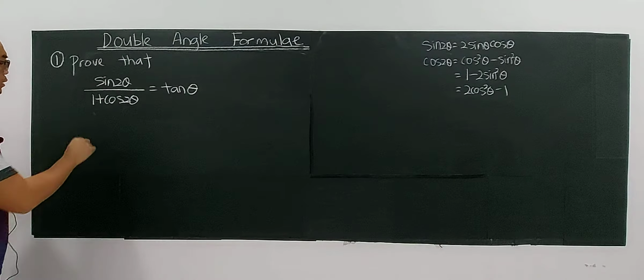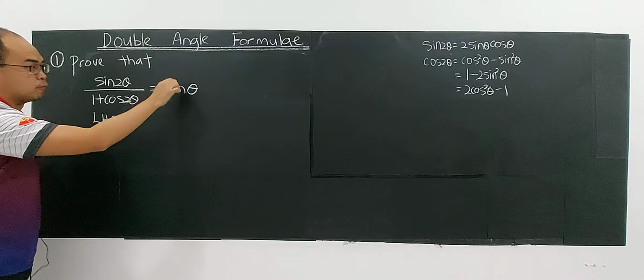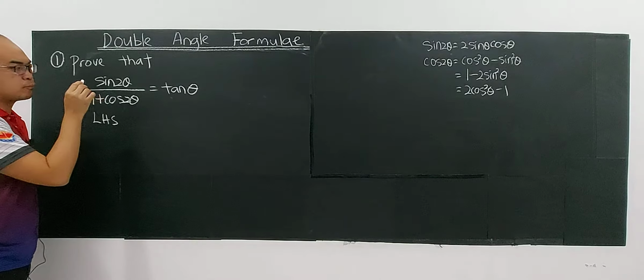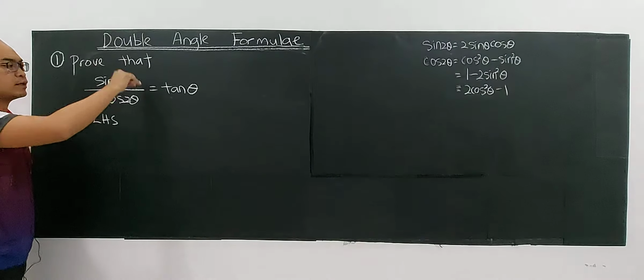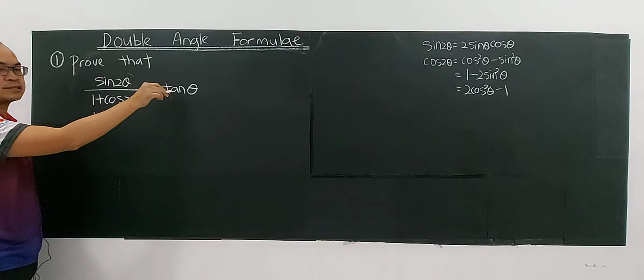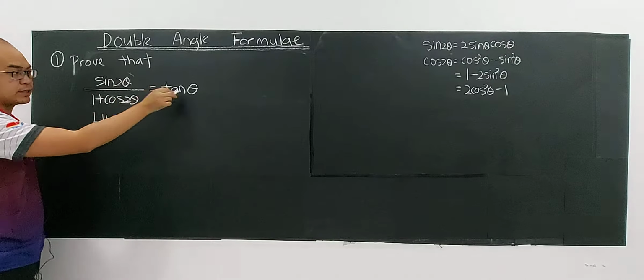So let's look at this one. We have to prove that the left hand side, this is a simplified form for this, right? Usually when we want to prove something, we don't use the simplified form, we use the one that hasn't been simplified. It means that we are trying to simplify this to get this. We are proving that after we simplify this, we get this.